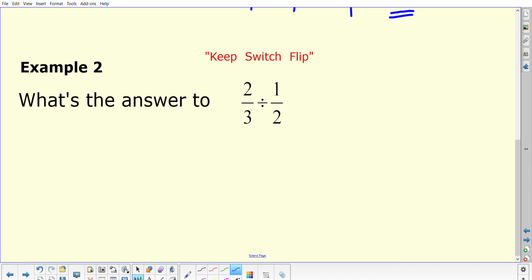You can do that visually, however it's a wee bit harder where it's a fraction divided by a fraction. But again, if we stick to our keep, switch, flip, we will get there with our answer. So keep: if we're trying to do 2/3 divided by a half, we keep the 2/3.